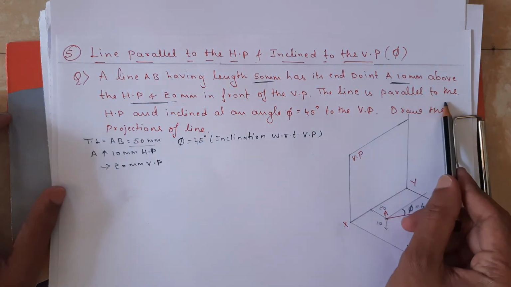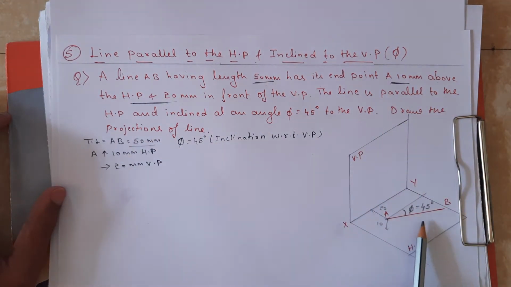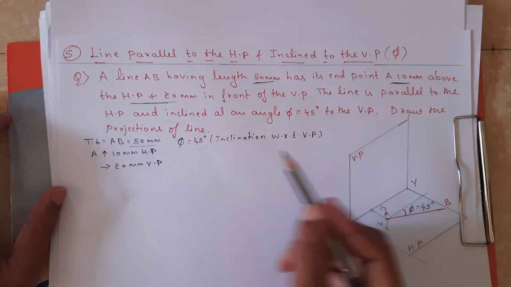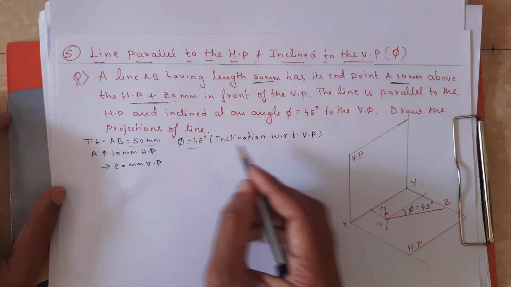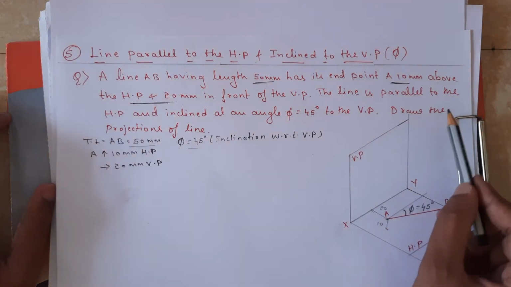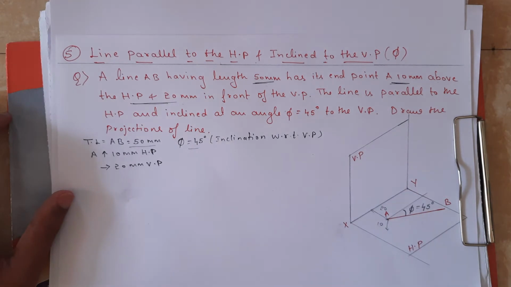The line is parallel to the HP and inclined at an angle of 45 degrees to VP. That is represented as phi, inclination with respect to VP. Draw the projections of the line. So this problem we are going to solve.